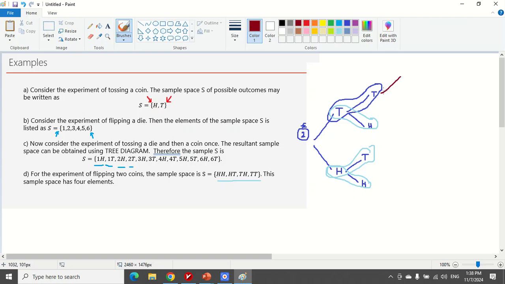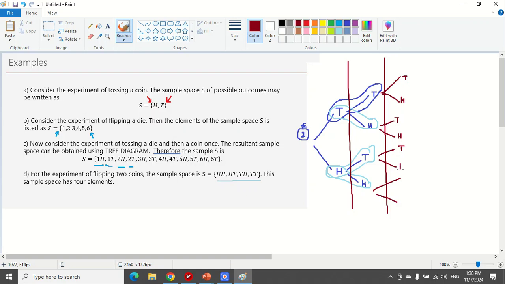If we have 3 coins, this is for the first coin, this is the second coin, and for the third one again we can have TH, and again TH for the second one here, and for the third one TH as well, and for the last one TH as well. Now our sample space is extended to 8 cases.